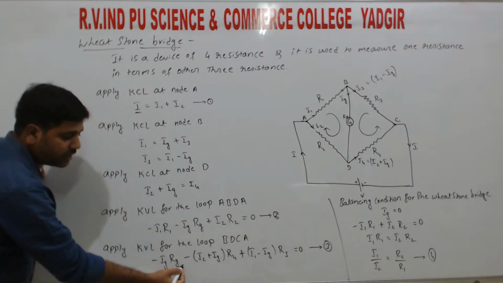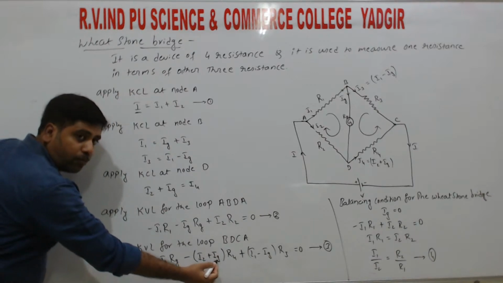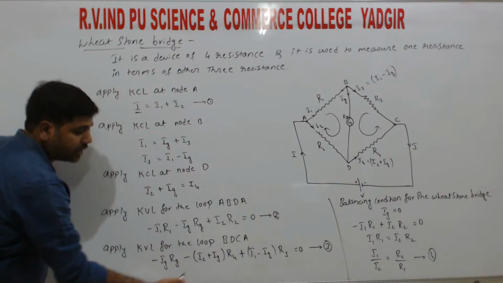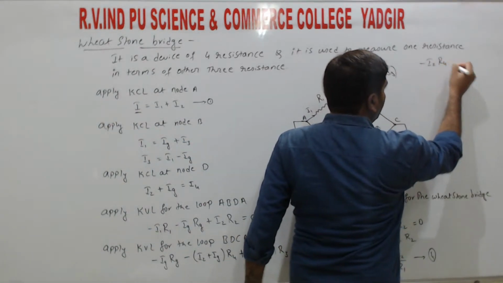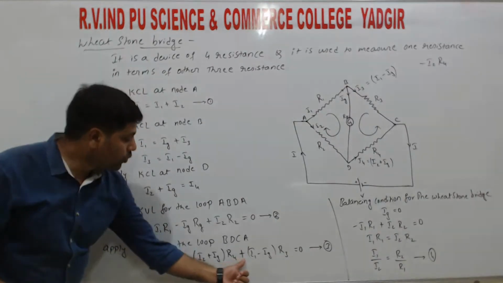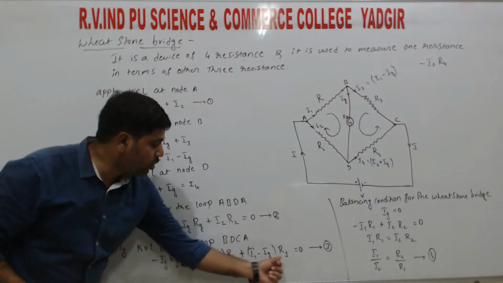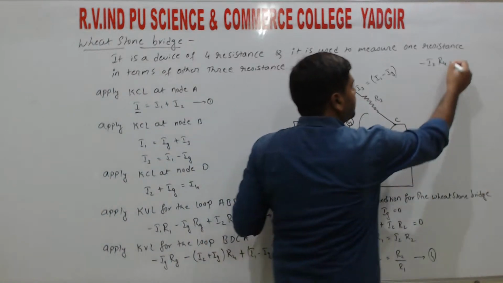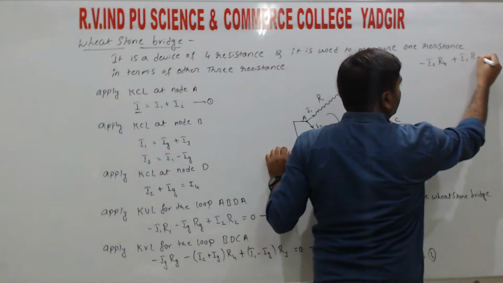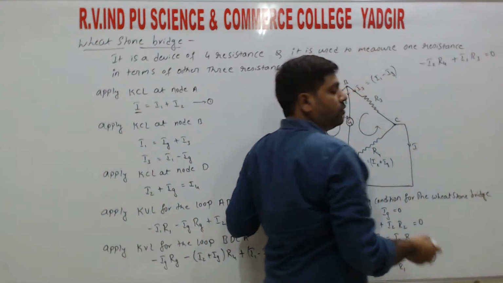So 0 into Rg is 0. So minus I2 R4, and plus I1 R3, that is equal to 0.